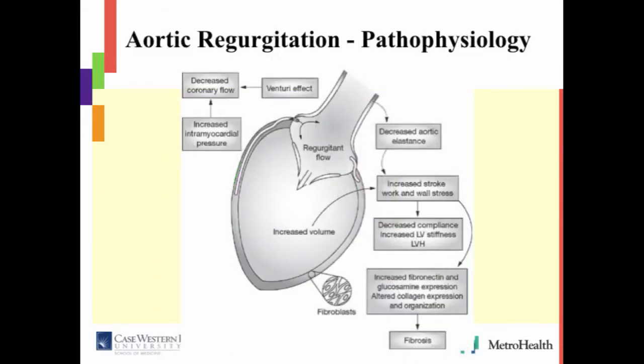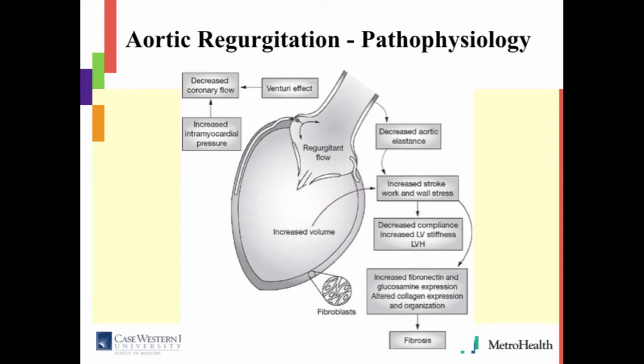And so here, we talk about pathophysiology. When you have an increase in volume, you have an increase in wall stress. The way to decrease that wall stress is that you increase the left ventricular stiffness, you dilate the ventricle, okay? But because of all that, you end up with left ventricular fibrosis, okay?